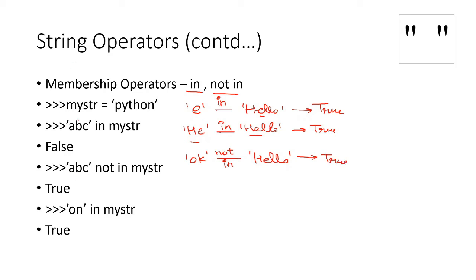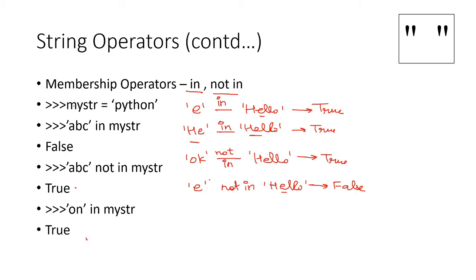Similarly, if you were to check, let's say, E not in hello, since you can see E is a part of the string hello, it is going to return false.